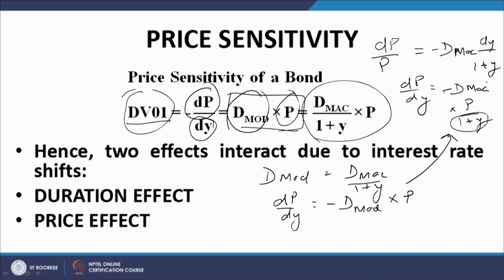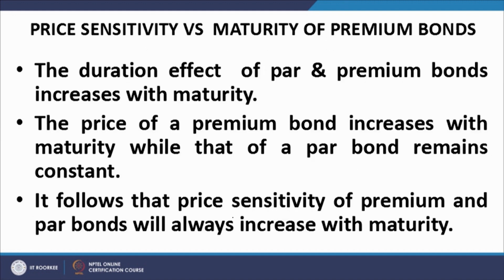In other words, the two effects that interact to give you a value for the sensitivity of a bond corresponding to interest rates are the duration effect, and then the price effect. So, depending on how the duration and the price behave for various types of bonds, we can arrive at some generalizations for the value of DV01.